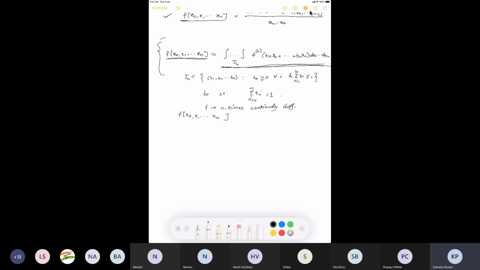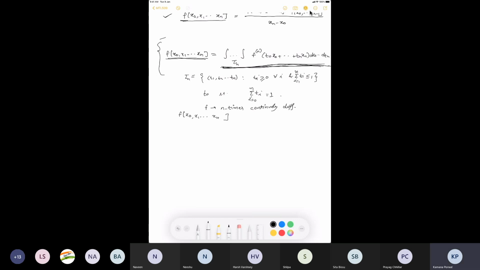Even if we have two same variables, say x1 is equal to x2, this integral will make sense, okay? So when the nodes coincide, I am treating this as a new characterization of my divided differences, because this integral makes sense irrespective of whether your xi's are distinct or not.